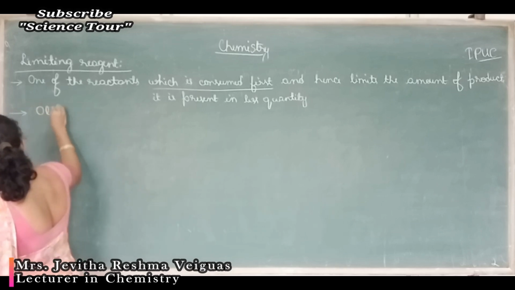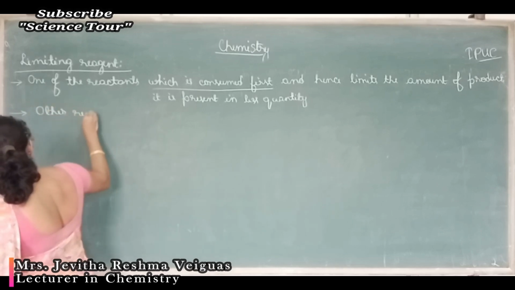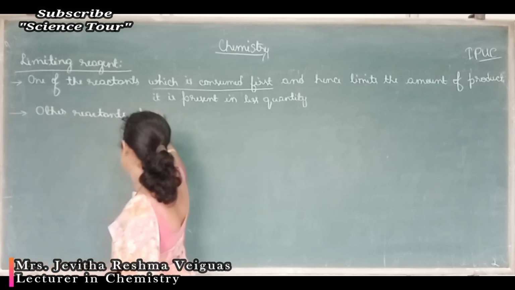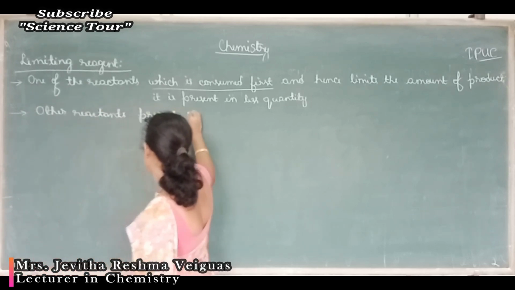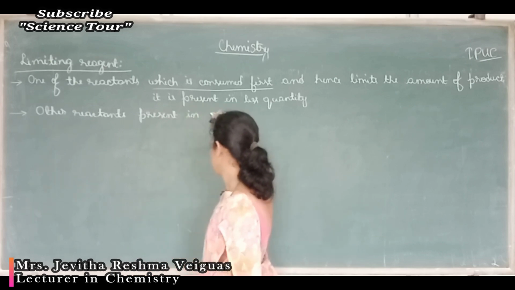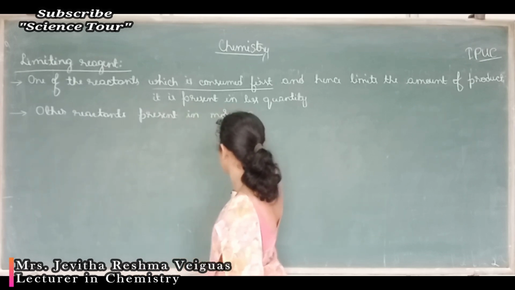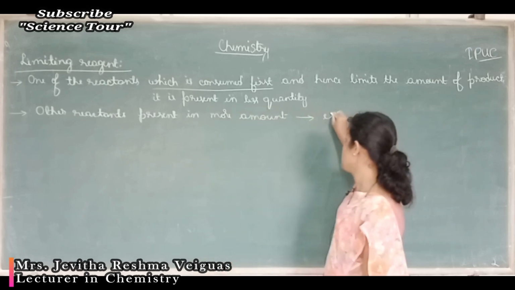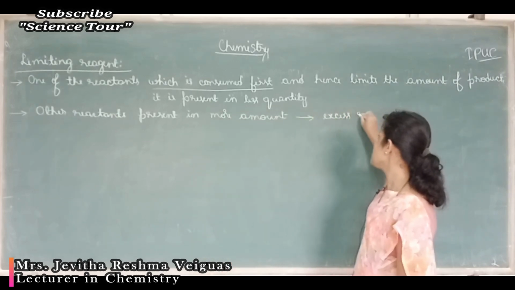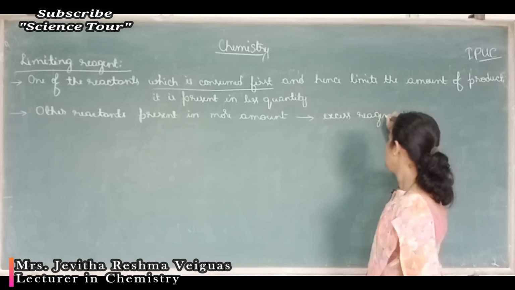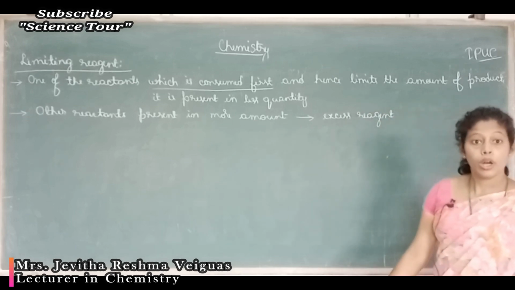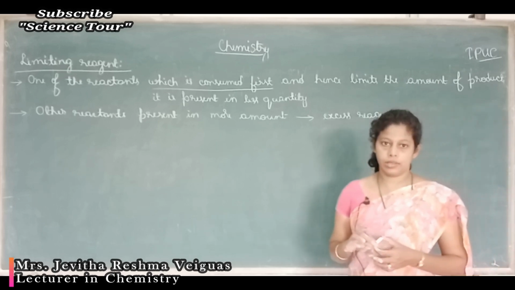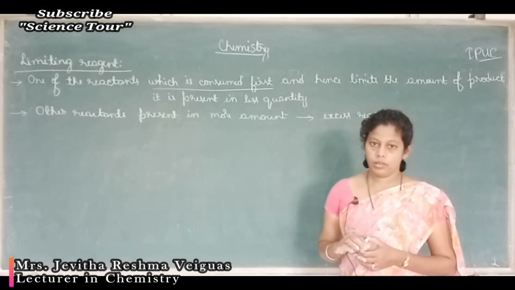Other reactants present in more quantity or a more amount, such reagents or reactants are called excess reagents. Excess reagents do not decide the amount of the product, only the limiting reagent decides the amount of the product. Why?